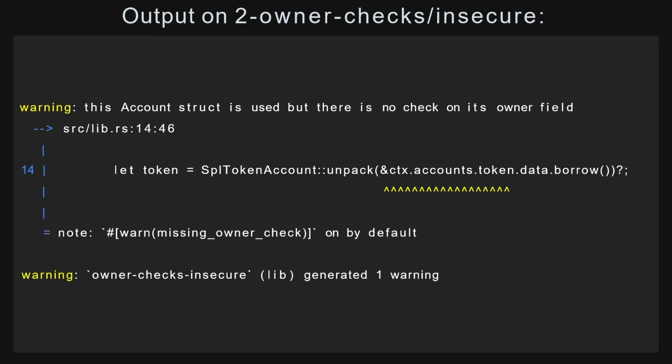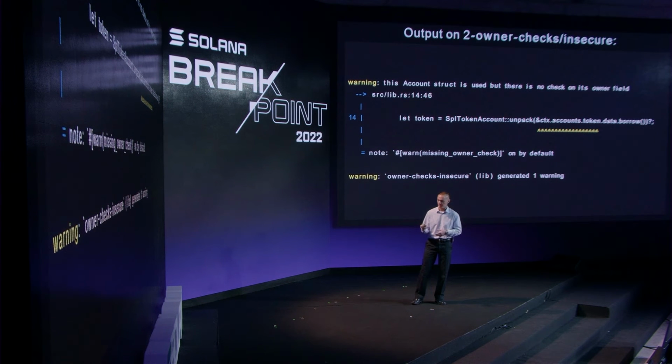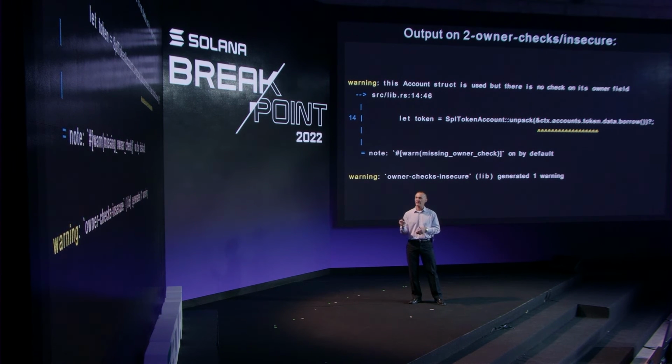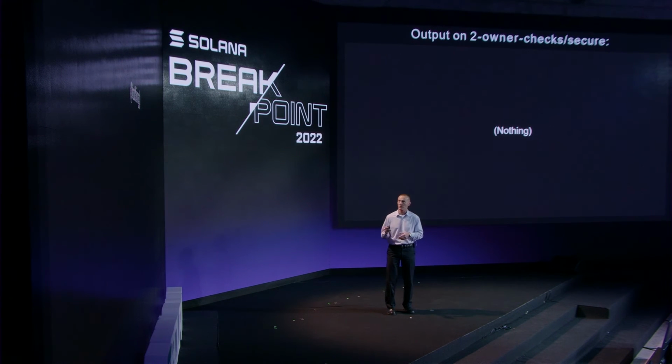What it's saying is it identified this expression here, which has type Solana program account info, and yet nowhere within the body in which this expression appeared could it find context accounts token owner. If you run the lint on the secure example, you get, as you'd expect, no warnings.